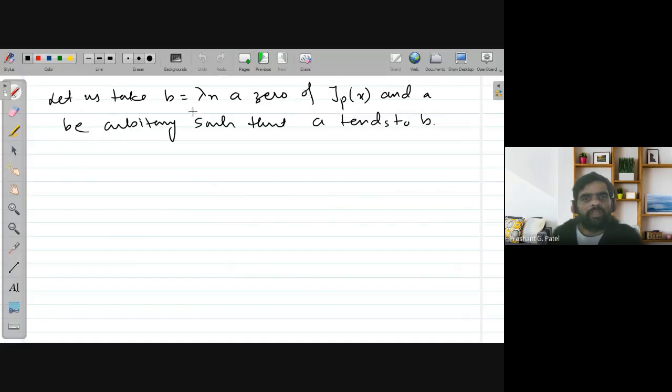So I'm taking b as this lambda n and a will be arbitrary, tending to b.